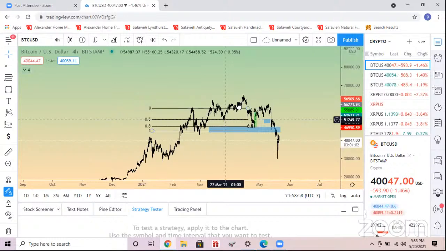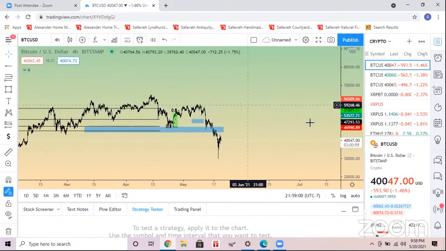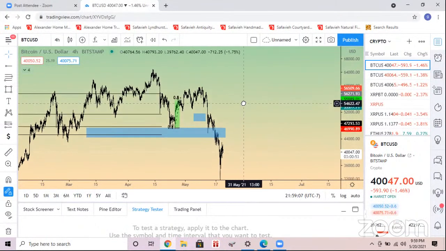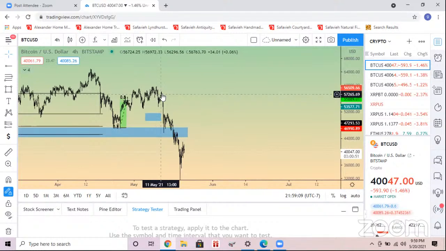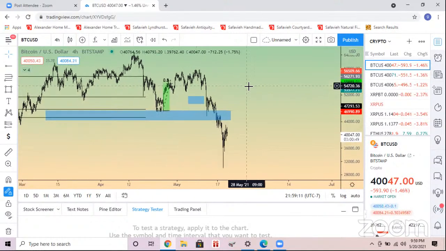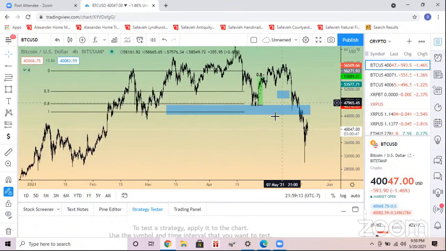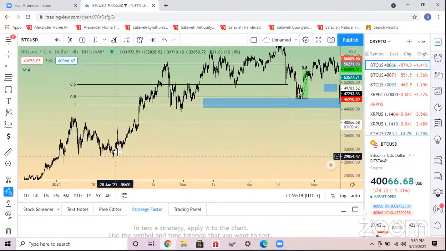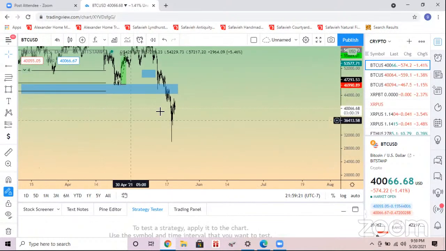So it looks like we got a distribution. Came down, broke structure here, and then redistributed. I think Joe actually caught a sell. This tapped into something right here in this reaccumulation.